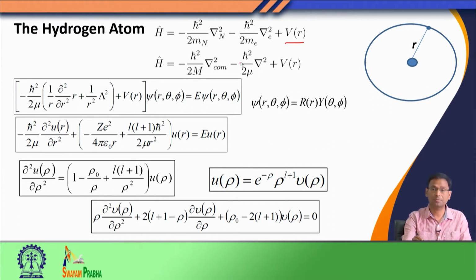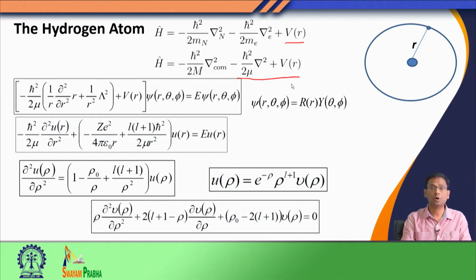The second term that we see relates to the internal degree of freedom, or the kinetic energy associated with the internal degree of freedom, that is the distance between the electron and the nucleus. This kinetic energy term and the potential energy term together constitute the internal Hamiltonian of the system.